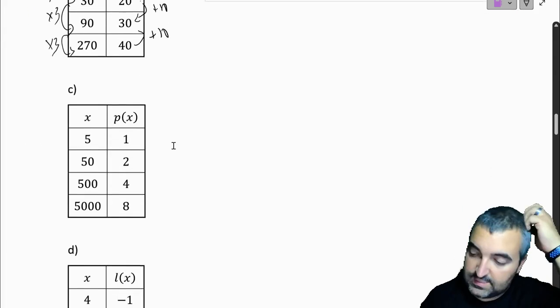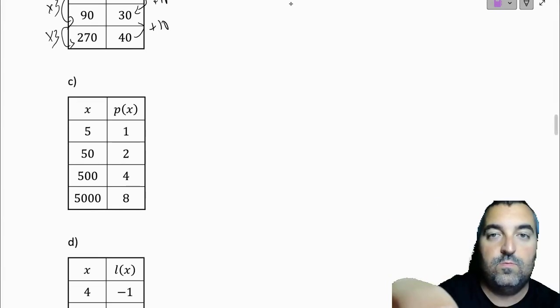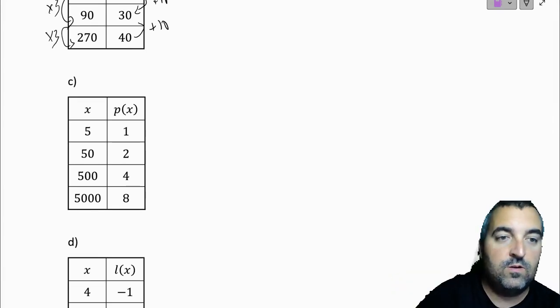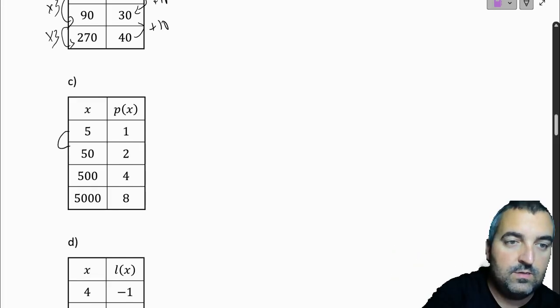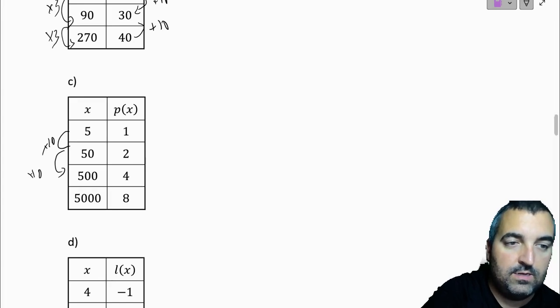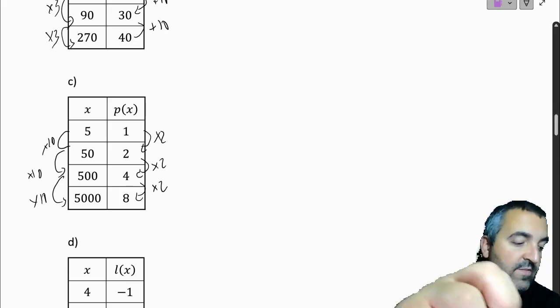All right, so then let's see this last example here. We'll look at the x's here. Well, this one is times 10, times 10 again, times 10 again, right? We're really just adding another 0. But then here we're also multiplying by a value.